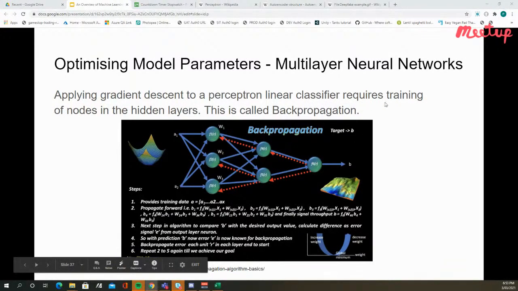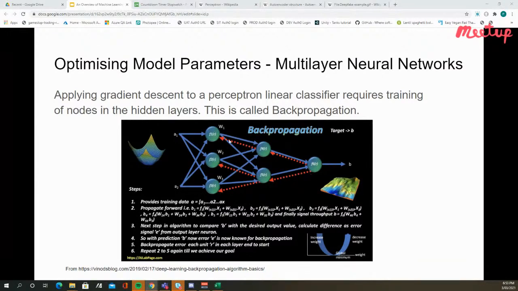So for multi-layer neural networks, we have different layers. You have to do something called back propagation, which is that you do a forward pass, i.e. you use the weights to calculate an output B. You compare the B with the desired output, the one that's in your training data set. You calculate the error, and then you use that to go back and change the weights in your previous layers, down to your first layer.